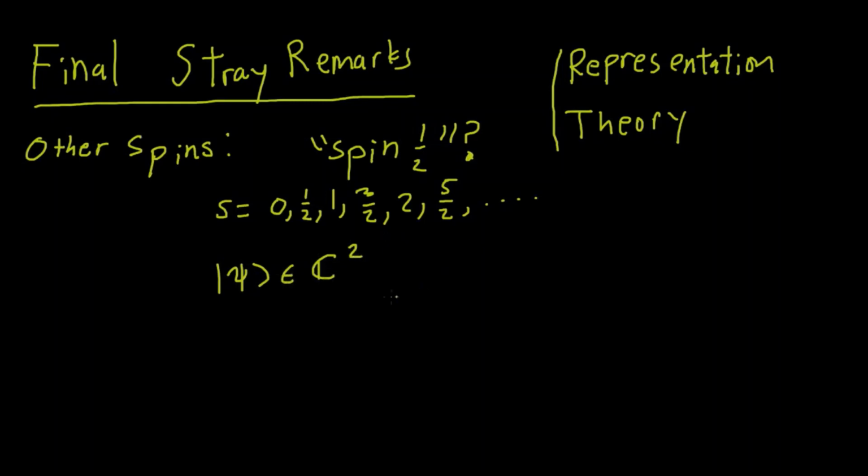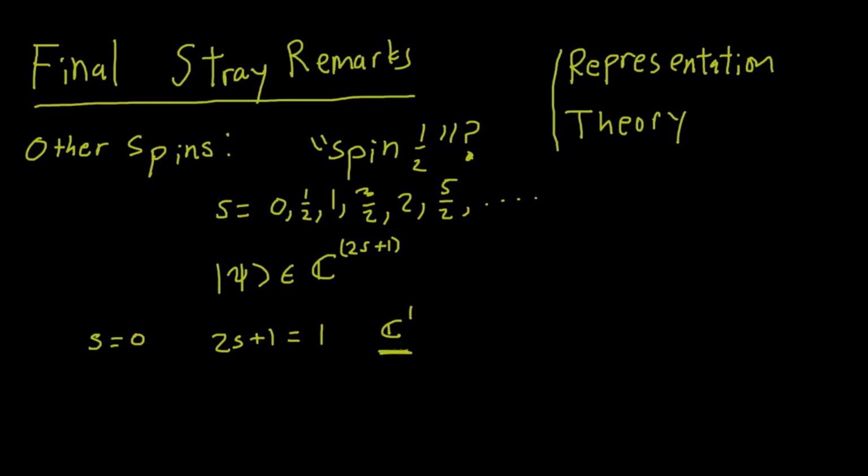But if you have a general spin s, that's not necessarily a half, it turns out that instead of being two-dimensional, these vectors have dimension 2s plus 1. So if s equals 0, then 2s plus 1 equals 1, right? And states live in C1.